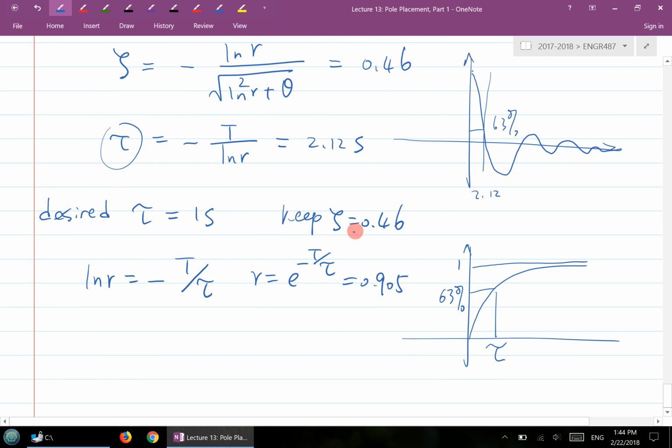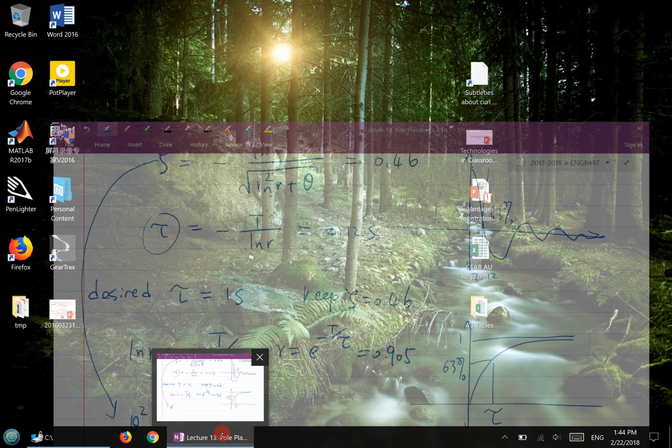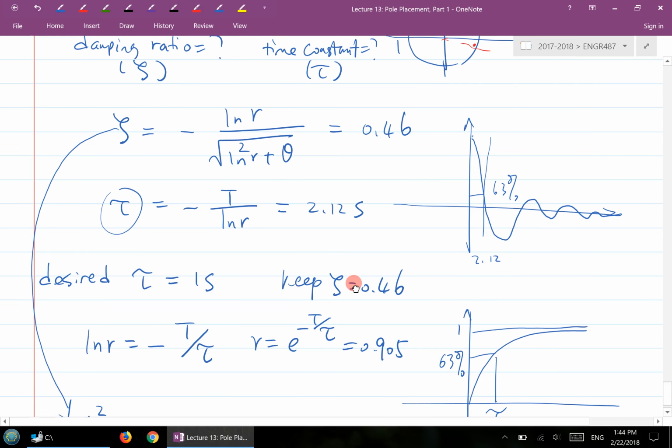We're still keeping this zeta here, based on the first equation. Based on the first equation, I can solve for theta. If you know zeta and you know R, then you can solve for theta.